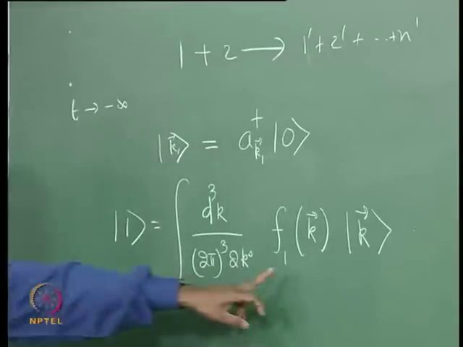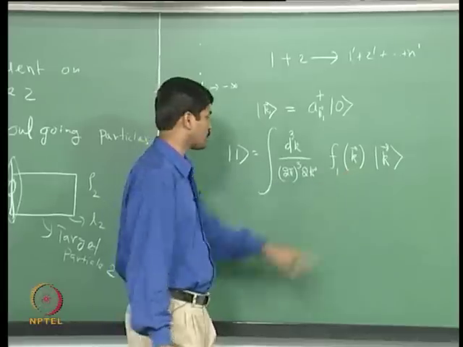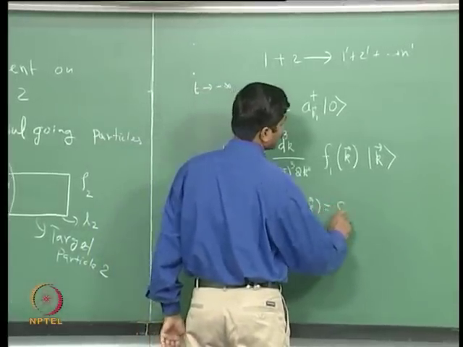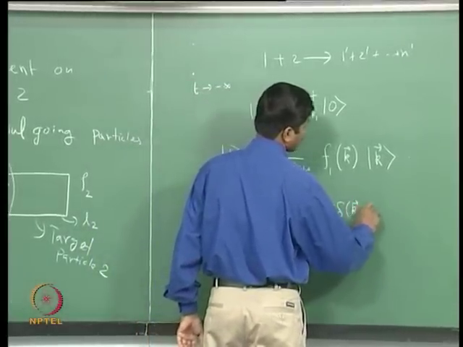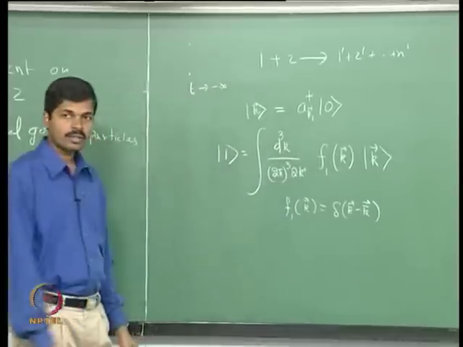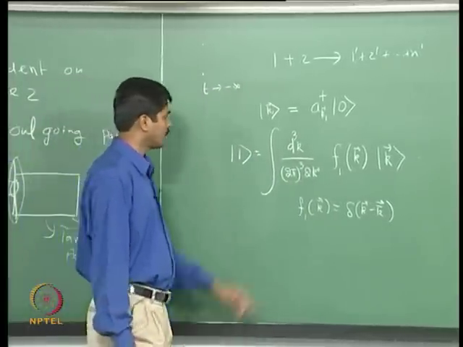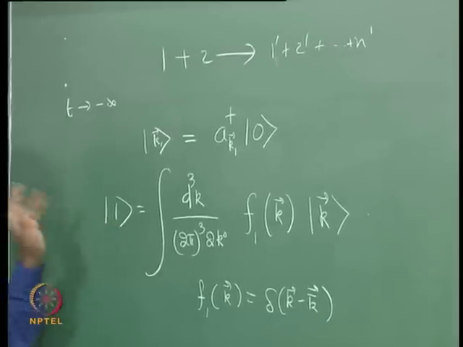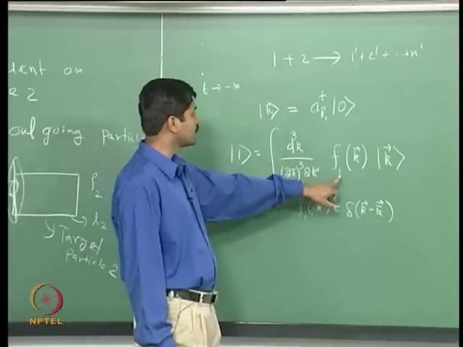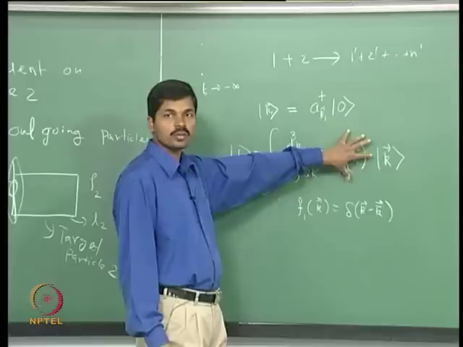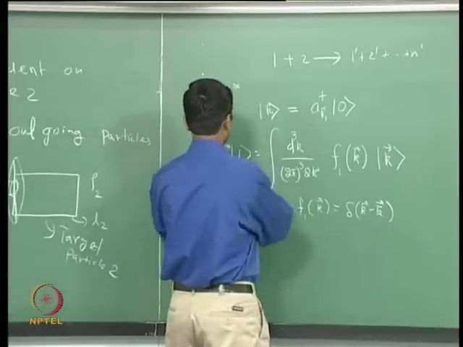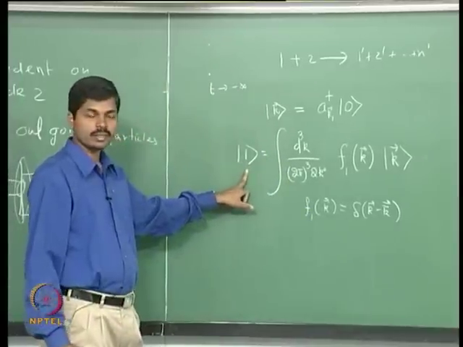So, if this f1 is a delta function, if f1(k) is delta(k minus k bar), then you get the particle 1 to be an eigenstate of the momentum. It has a very well defined momentum. Otherwise, you can consider some momentum distribution here, and then you can construct a wave packet this way.